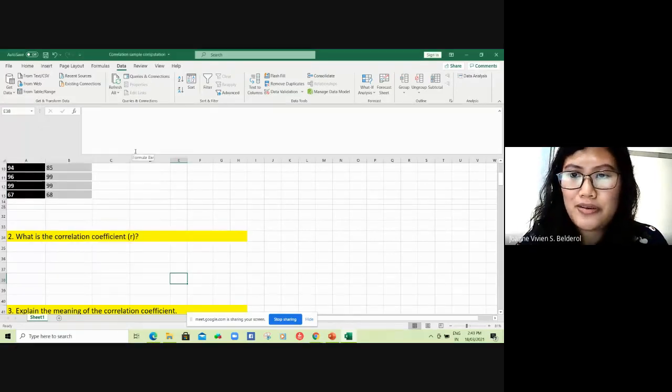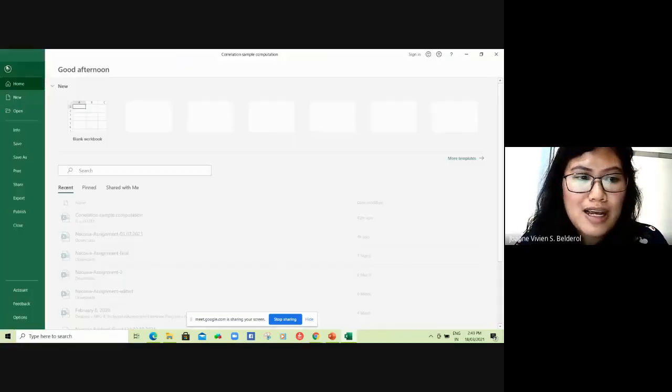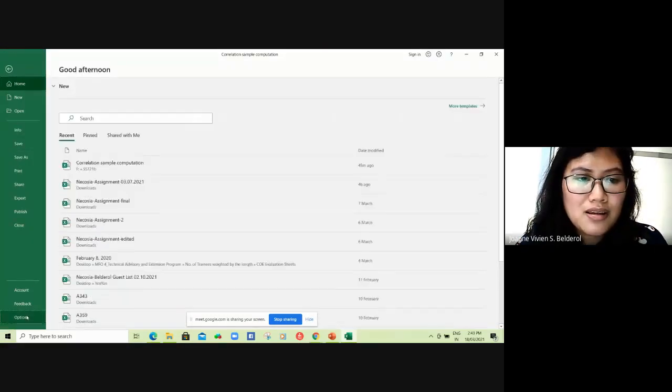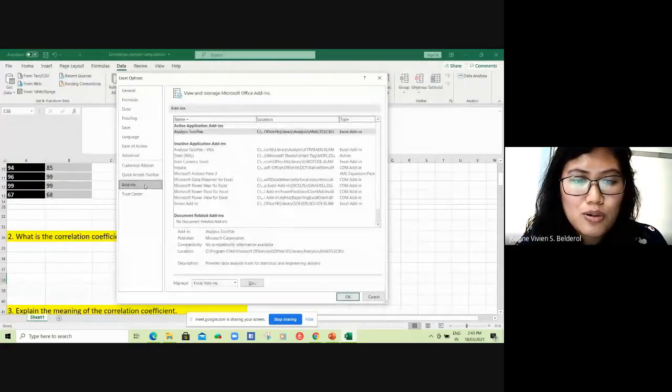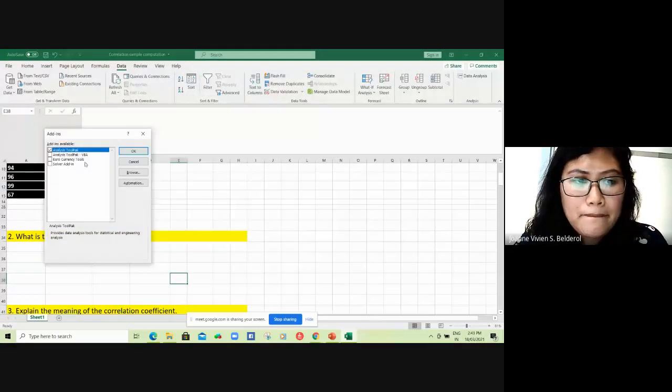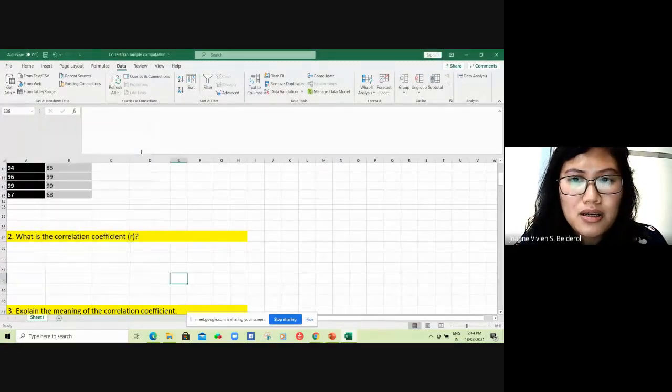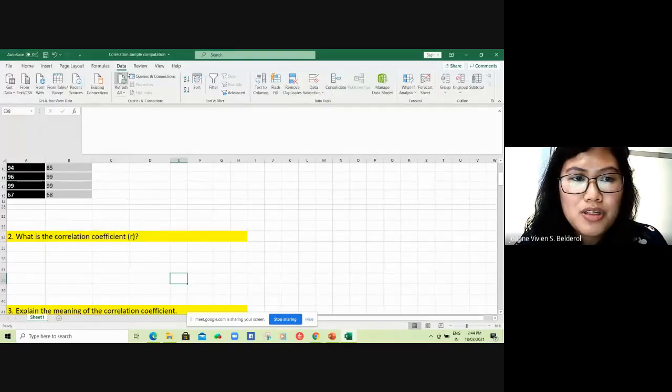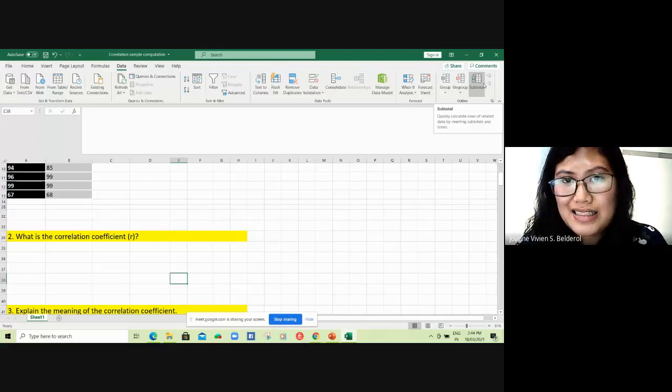Let's see what will happen if I uncheck Analysis ToolPak. Notice that when I open Data, Data Analysis disappeared.